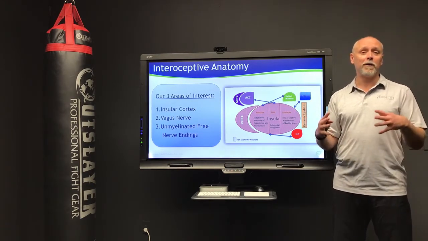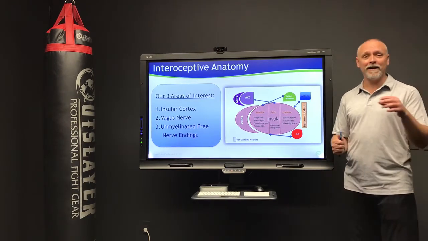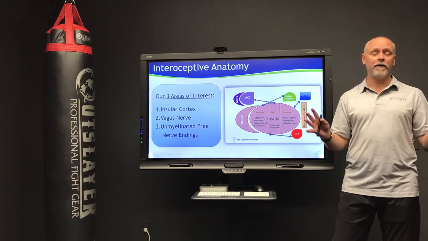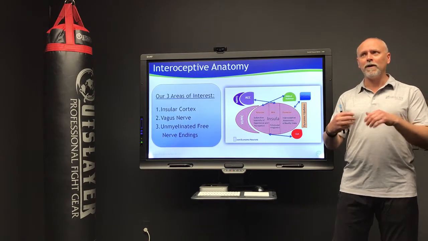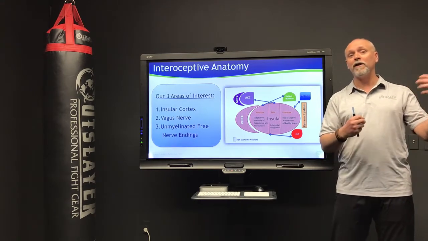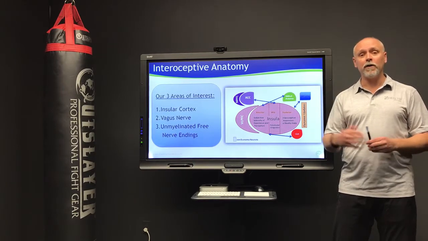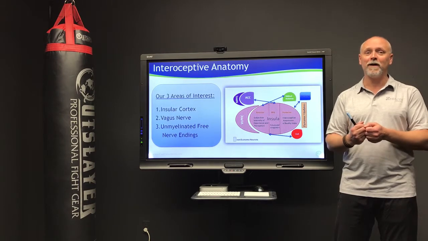If you're not familiar with the insular cortex, I'll show you a picture in just a second. It's really the 5th lobe of the brain in terms of the neocortex, responsible for a whole host of different things, including pain perception, as well as degree of pain experienced over time. The vestibular association cortices are there. There's a huge amount of emotional processing that goes on in that particular area.